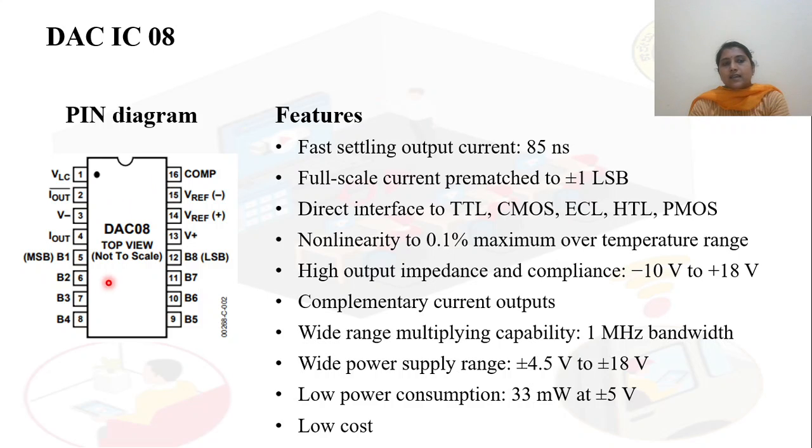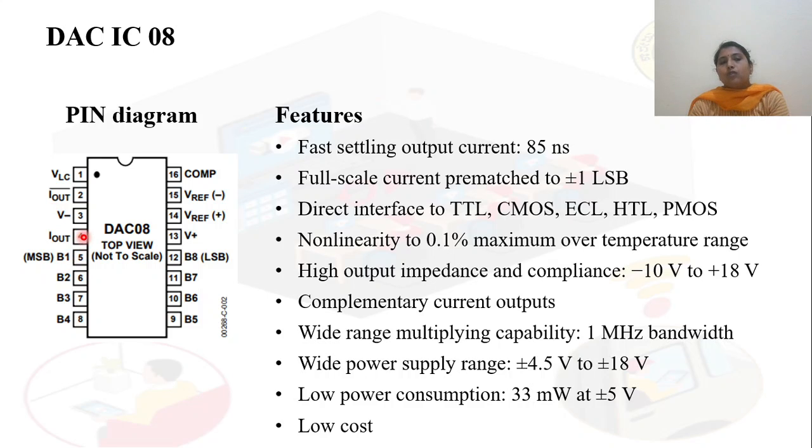In this IC you can observe there are two pins for the output. At pin number 4 we get the actual current output. At pin number 2 we can get the inverted output of I out.